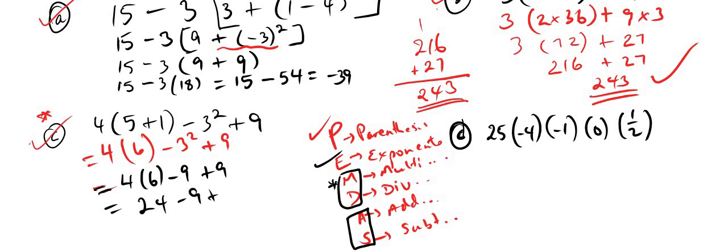Then we have the 24, minus 9 and plus 9. All right, what should we do here now? This part can be a little tricky because based on the order of operations, we're seeing addition before subtraction, and this one can be tricky for some persons. What do you think we should do first?